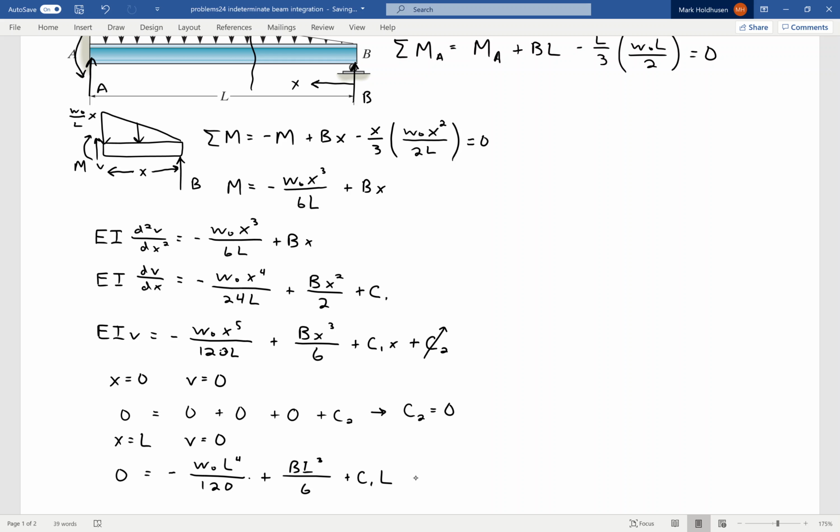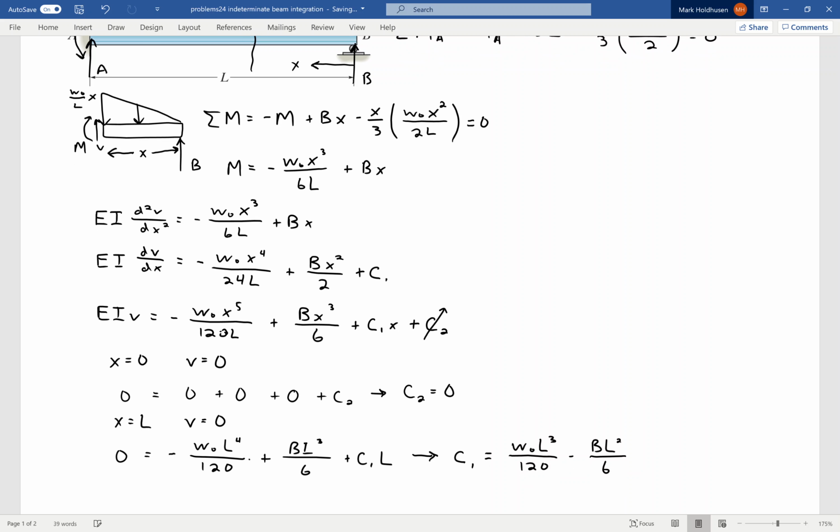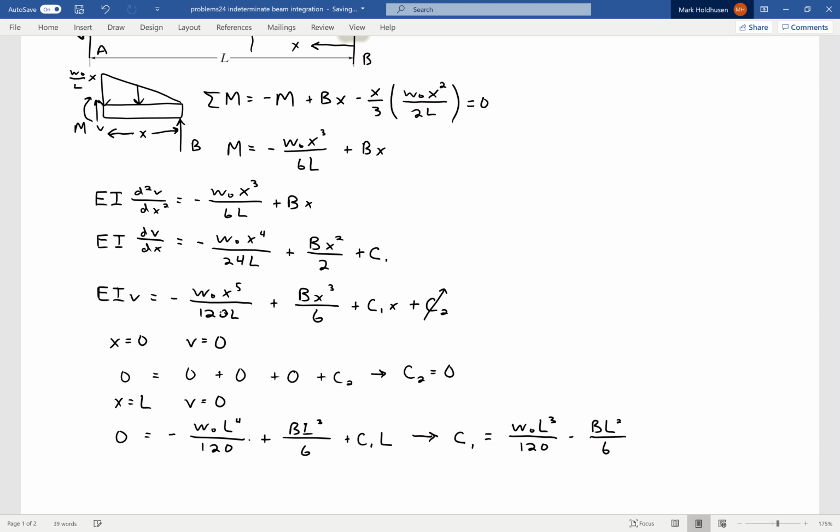From this I can go ahead and solve for C1, and I find that C1 equals WL cubed over 120. It's basically take one L out of each thing, because I'm going to divide through by L, because I got a C times L minus BL squared over 6. Okay, now I've got that.